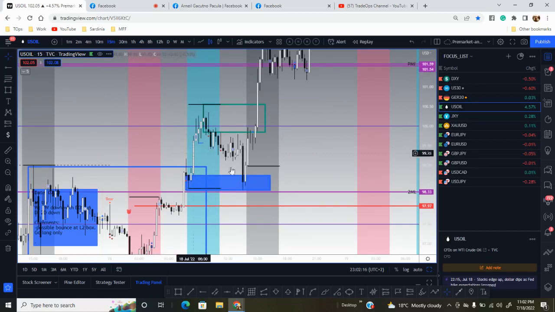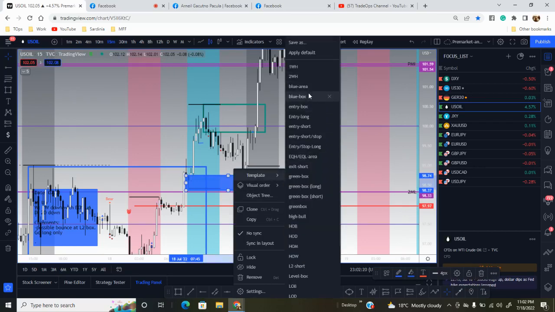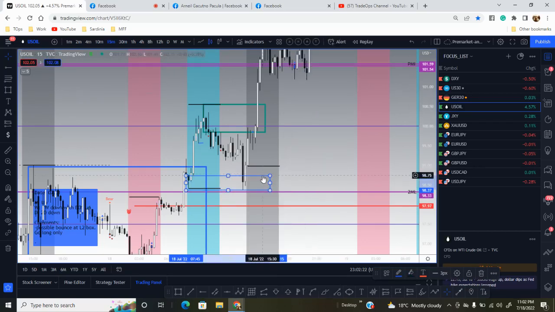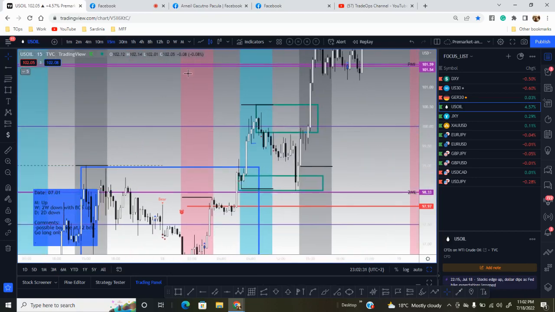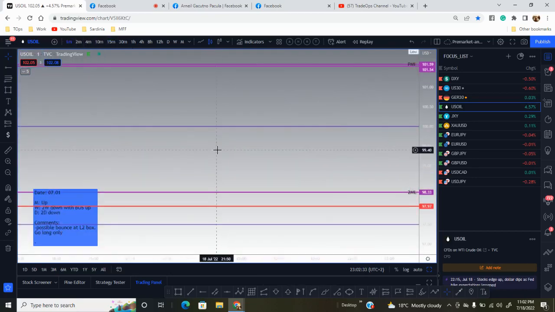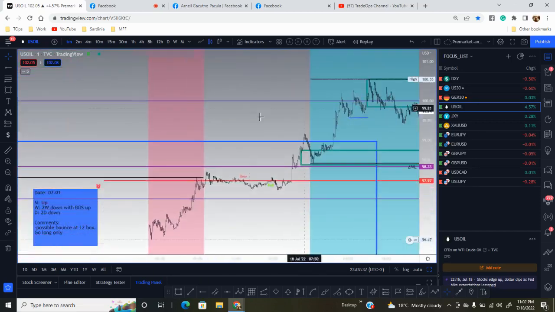So kung titingnan natin ng mas refined time frame, so gawin natin yung green para indicate natin yung area na yan. Okay, I will now turn to 1 minute time frame and then check natin yung green box.